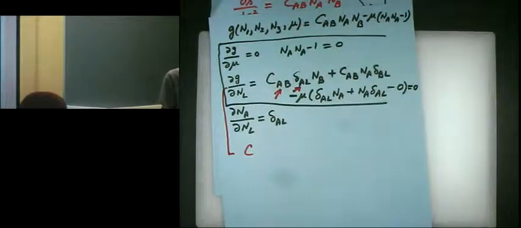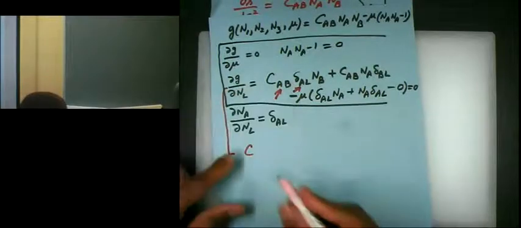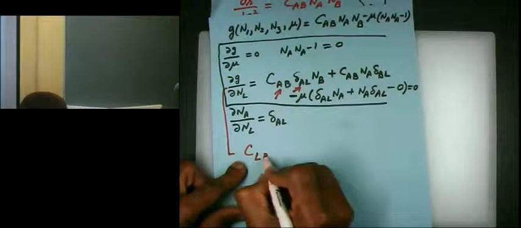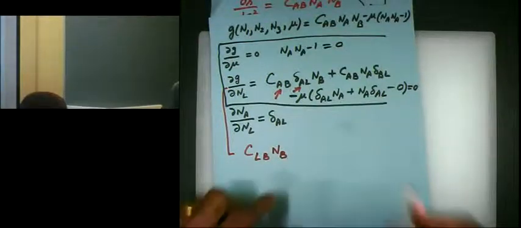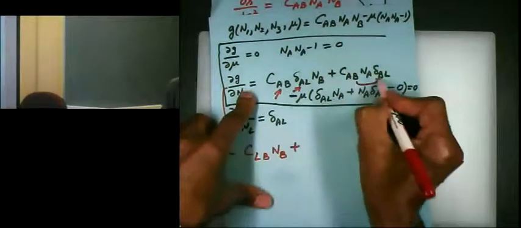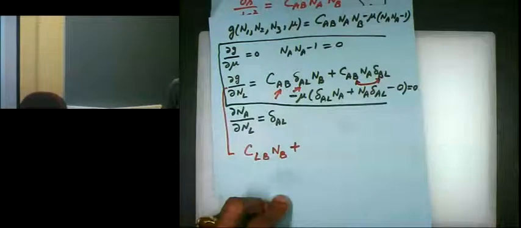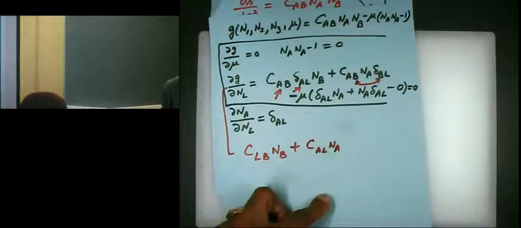So the subscript A on C is replaced by L. So we get C_LB nB, plus, again now B and B is summed, we get C_AL nA, minus mu.